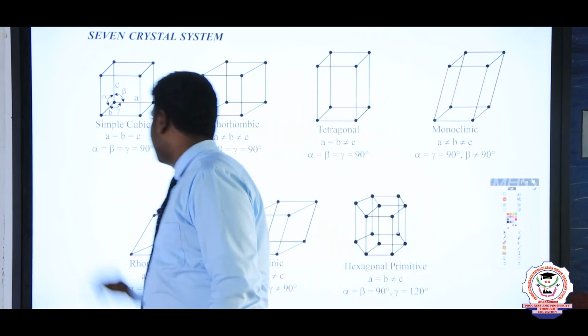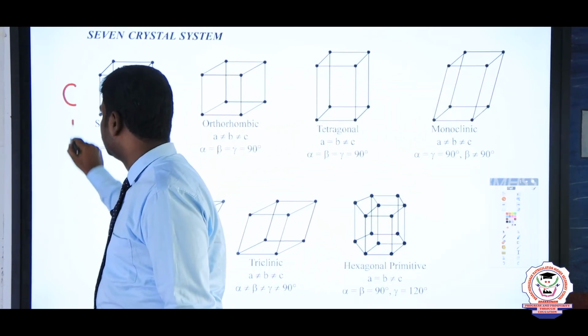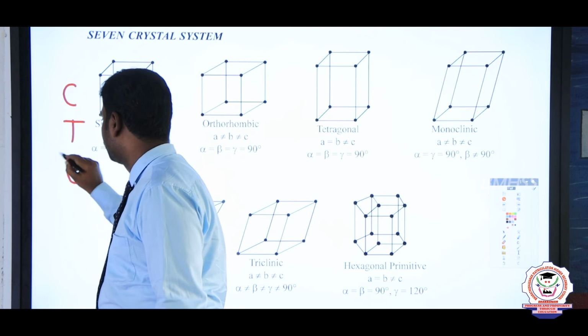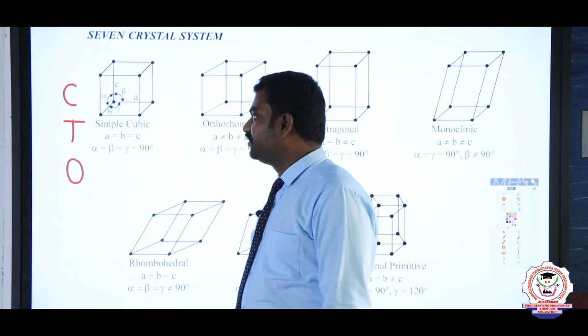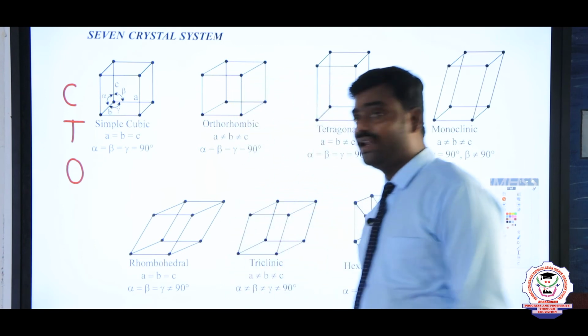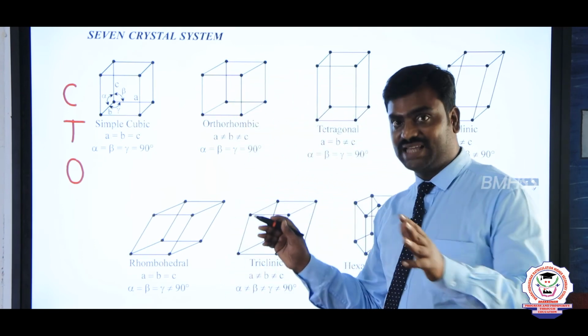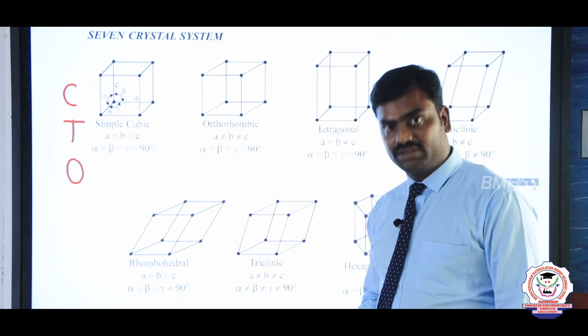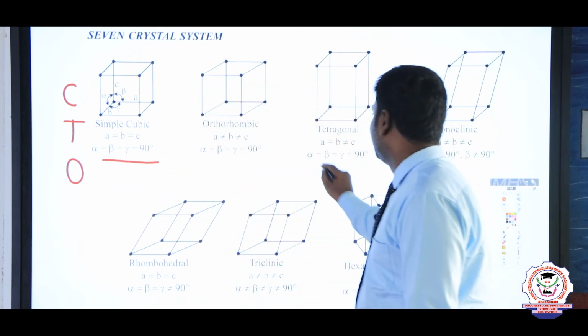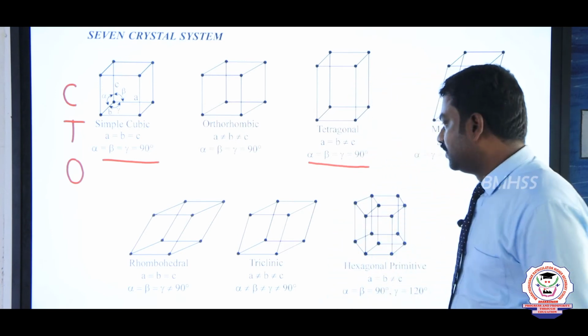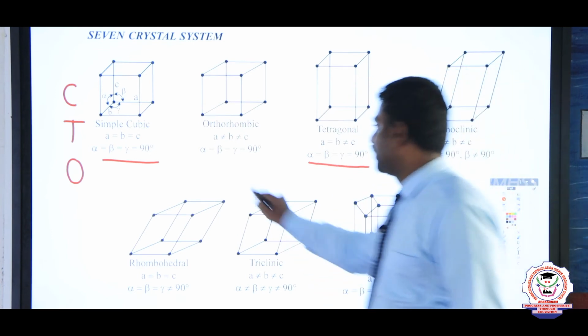First, CTO. What is CTO? The C refers to cubic, T refers to tetragonal, and O refers to orthorhombic. So we have to select these 3 simple unit cells: first cubic, next tetragonal, and then orthorhombic.